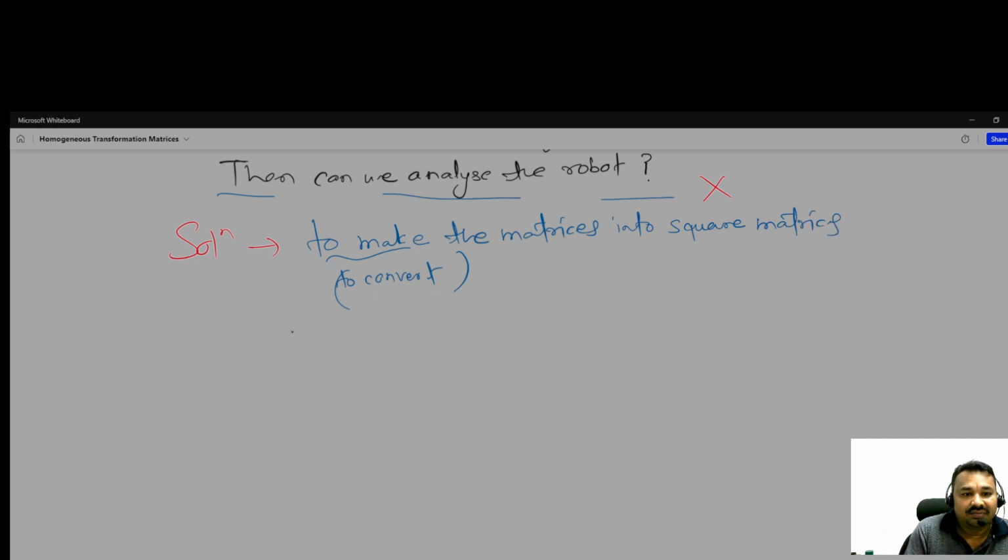And how is it possible? Suppose there is a transformation like A1 and A2. So it is the transformation of frame 2 with respect to frame 1.